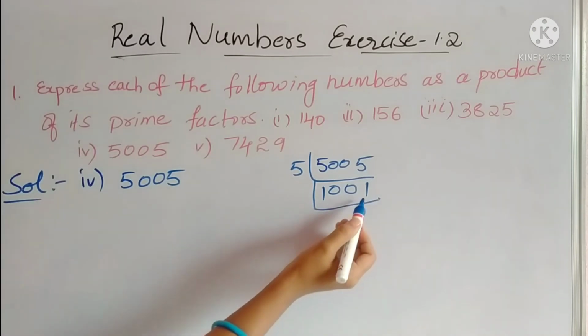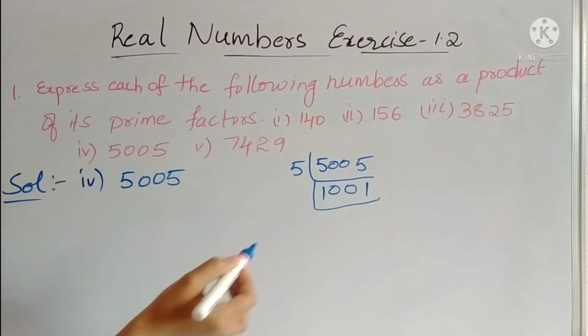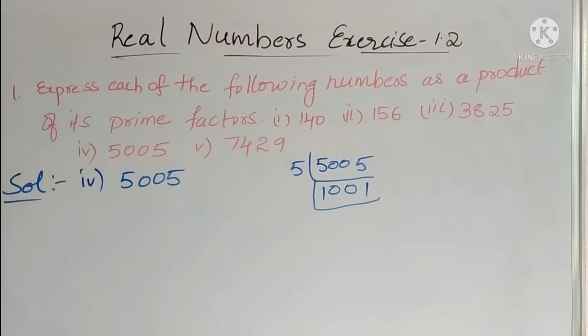Here 1 is there, it is not divisible by 2 clearly, and it is not divisible by 3 also. 1 plus 1 is 2, right? So we check with 7. Actually students, the divisibility rule of 7 is somewhat typical. That means it is not mentioned in our textbooks. We will see some other time.